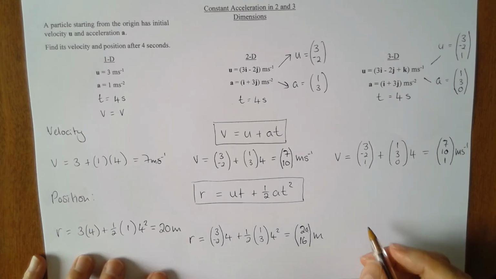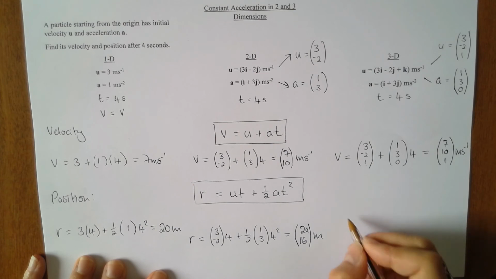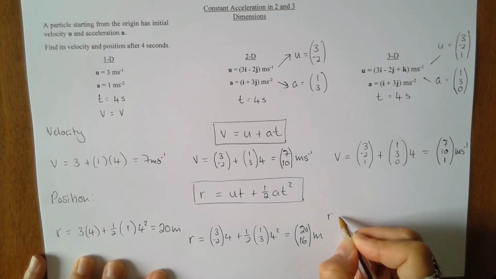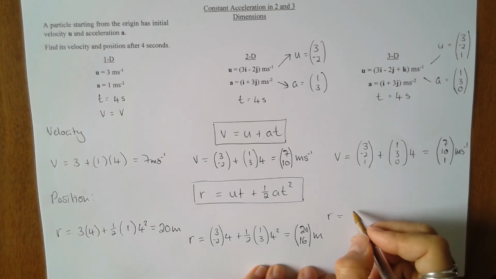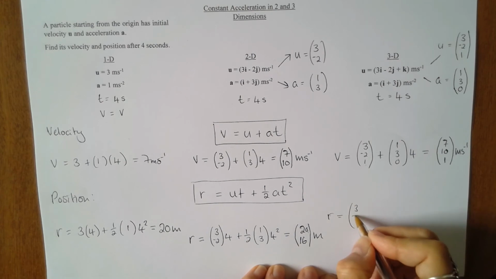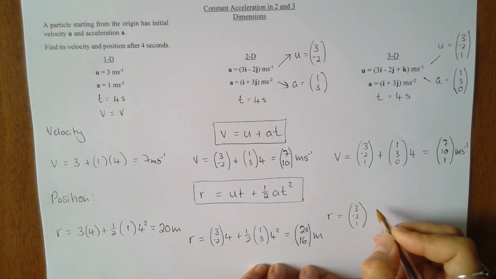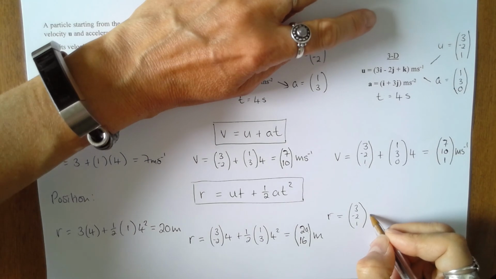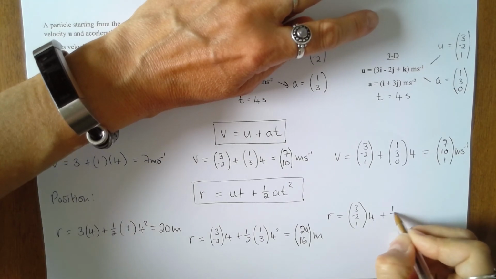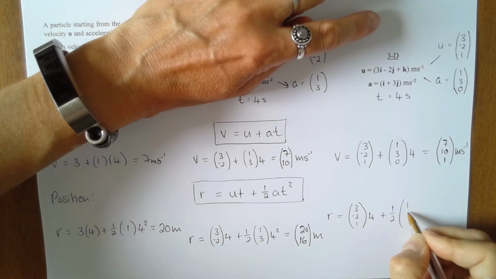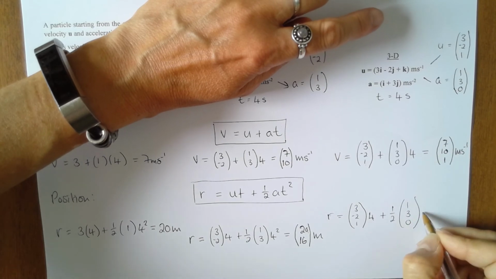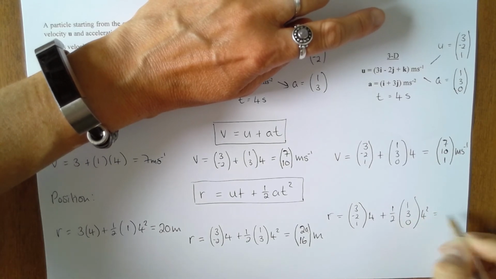For the third scenario, it's exactly the same principle. r equals 3, negative 2, 1, so u, multiplied by t plus a half a t squared.